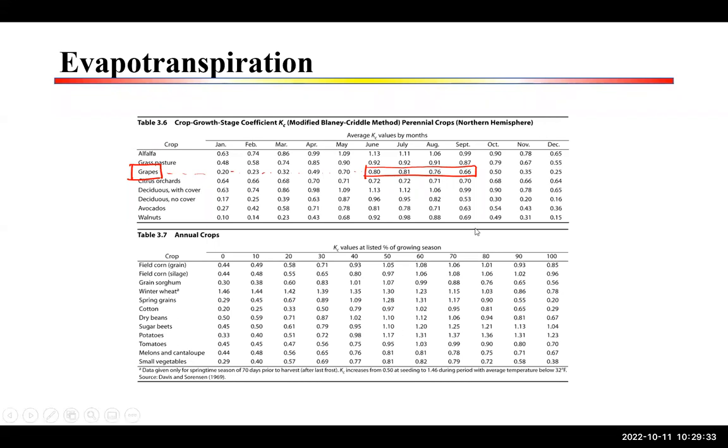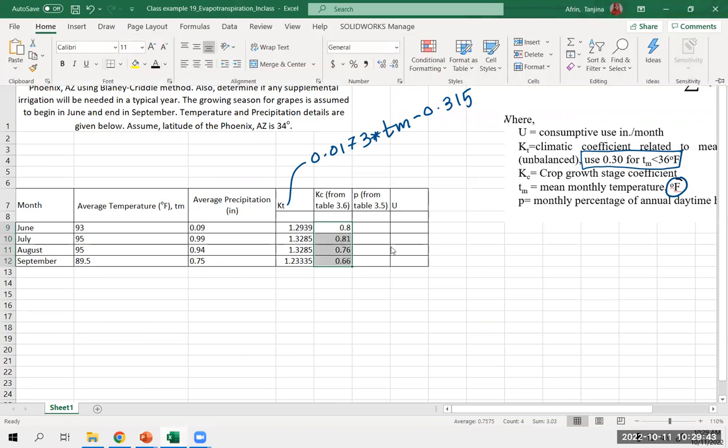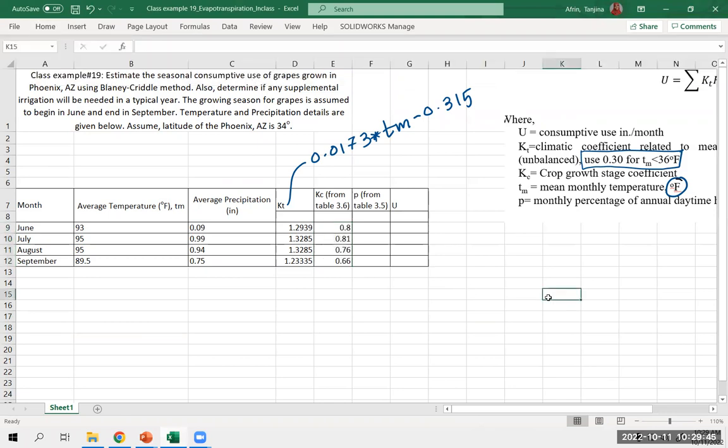But we will keep with the question statement. So July to September, can you type here? That's what I did. I just typed for each month 0.8, 0.81, 0.76, 0.66. Okay, all of you have that? Everyone?